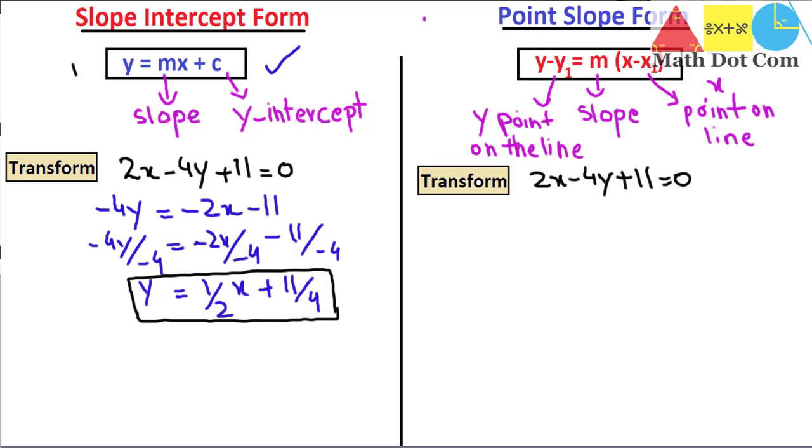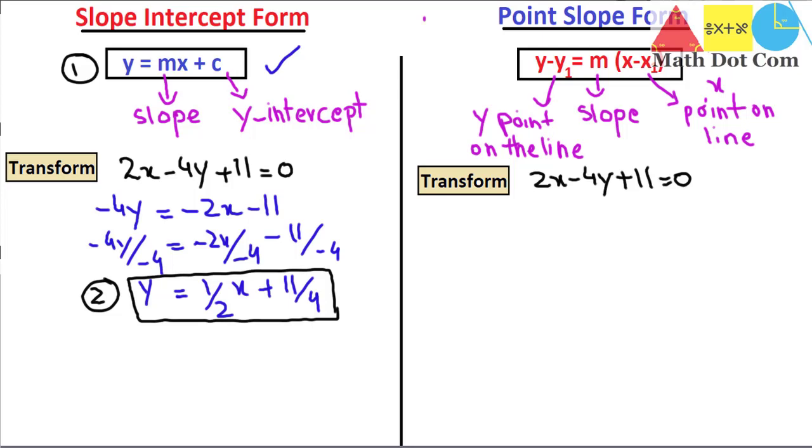Now you can compare equation 1 and equation 2. These are the same. In equation 1 we have m as the slope, while in equation 2 we have 1 by 2 as the slope. In equation 1 we have c as the y-intercept, and in equation 2 we have 11 by 4 as the y-intercept. So this is how you can transform any given equation of the straight line into the slope-intercept form.